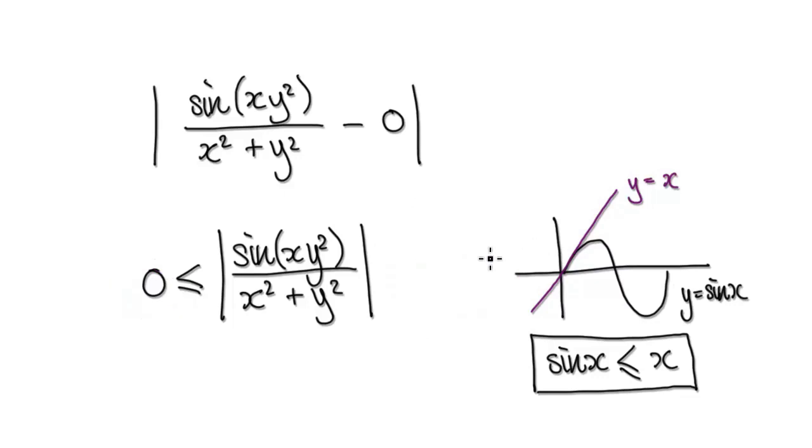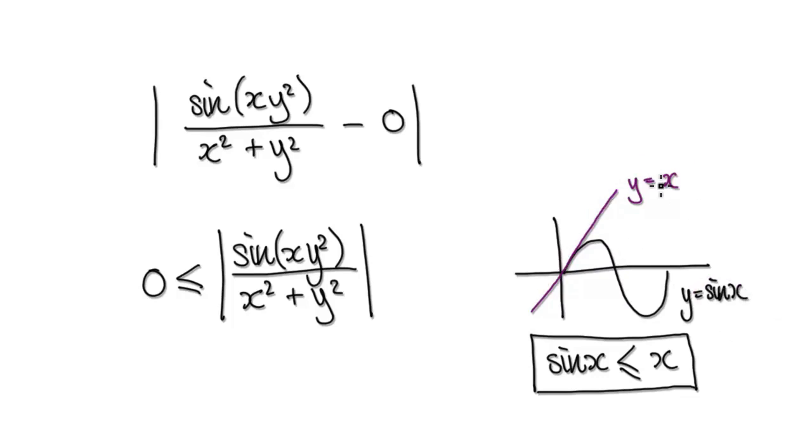The trick is to trap this thing in between two things, one thing and the other thing. Well, the next trick is to realize that sine of x is less than or equal to x, because if you look at the graph sine of x, it looks like this. Look at the graph y equals x, it looks like this. This y equals x graph will always be greater or equal to sine of x.